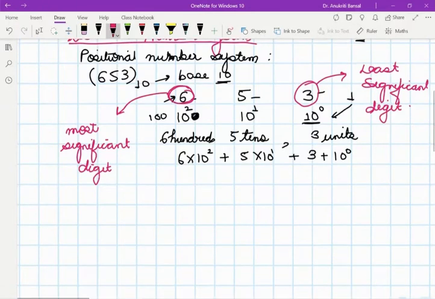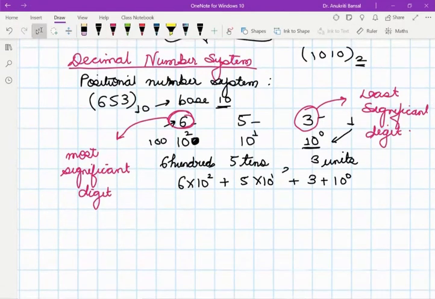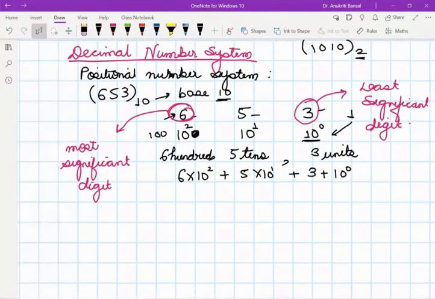Okay. So this is what we understand. This is the way we have been looking at numbers from the time we started learning mathematics. So this is the natural way.